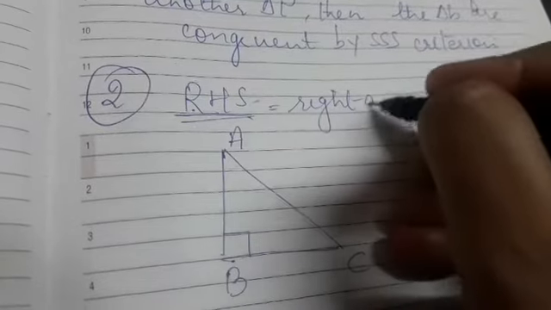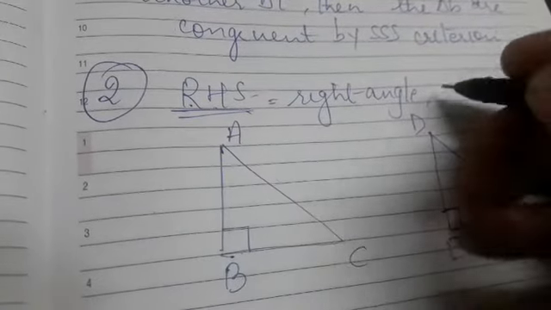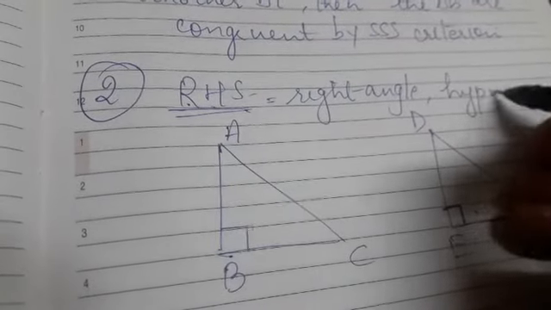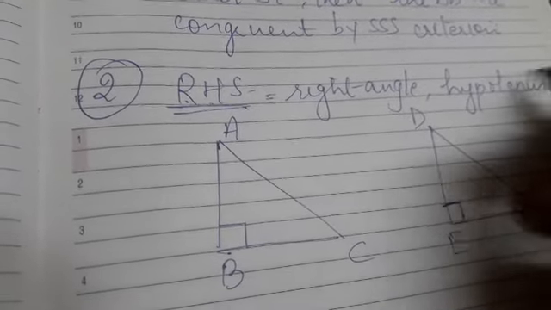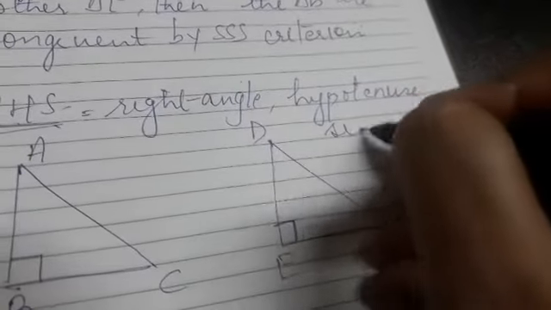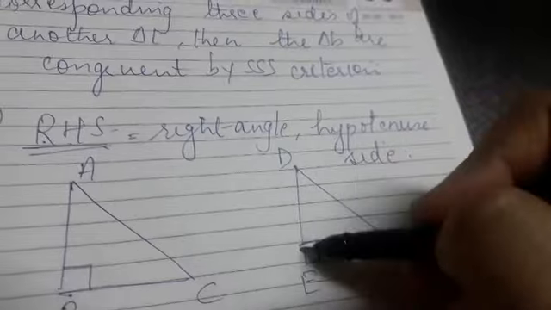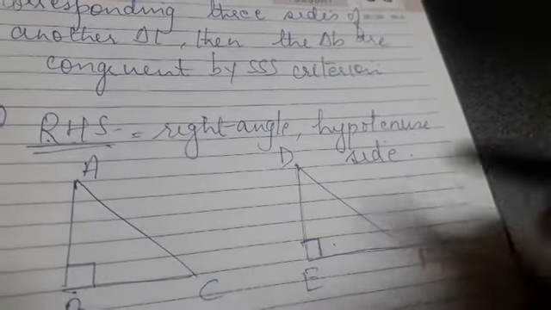Now when we have to talk about RHS, it means right angle. Then there has to be hypotenuse and side, any one side. It can be a perpendicular or it can be a base, right?